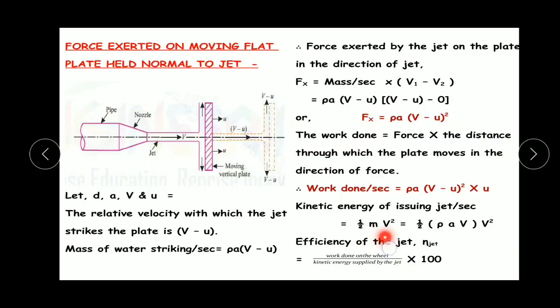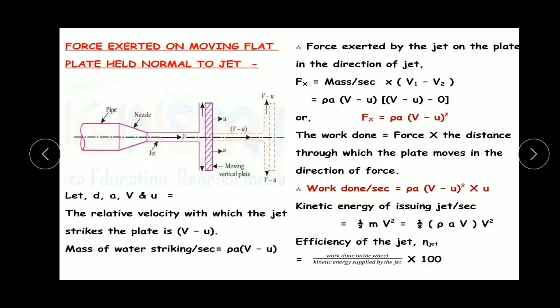So the kinetic energy of the issuing jet per second equals half of m v squared, where the mass of fluid flowing per second is rho A V, because here the velocity of the jet is capital V. So it is rho A V into V squared, which is equal to half rho A V cubed.